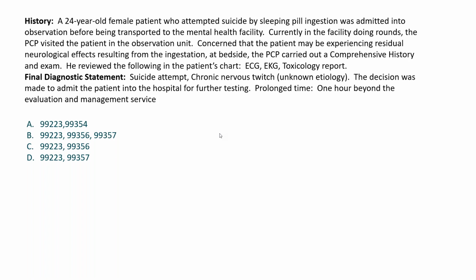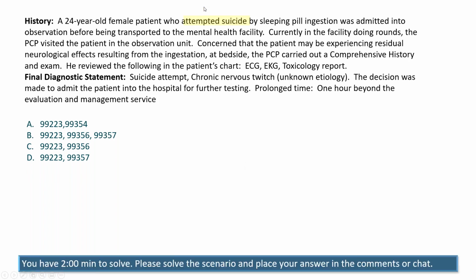All right, so I'm going to walk through this. Patient attempted suicide, sleeping pill ingestion. Patient was in the observation, going to be transported to a mental health facility. Then the PCP visits the patient in the observation unit and at bedside. So that means some face-to-face was going on, right?